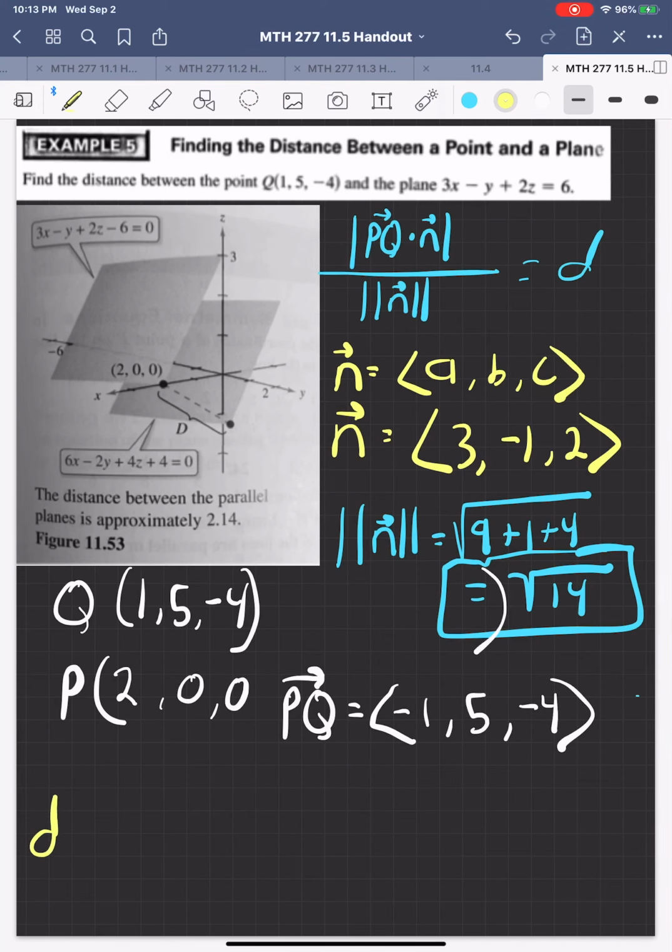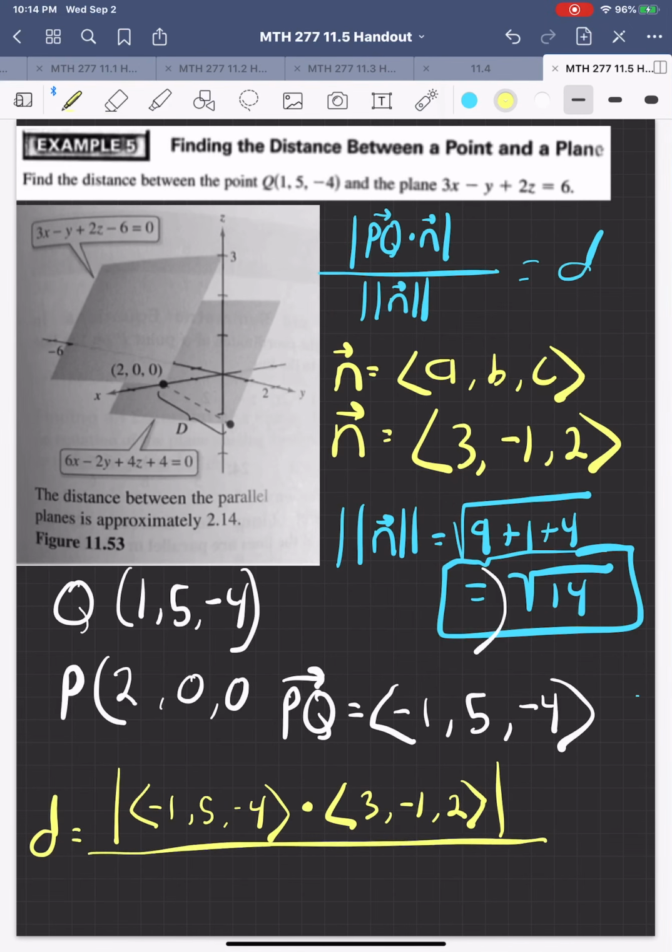So that distance is going to be the absolute value of the dot product. So negative 1, 5, negative 4, dot n, which is 3, negative 1, 2.